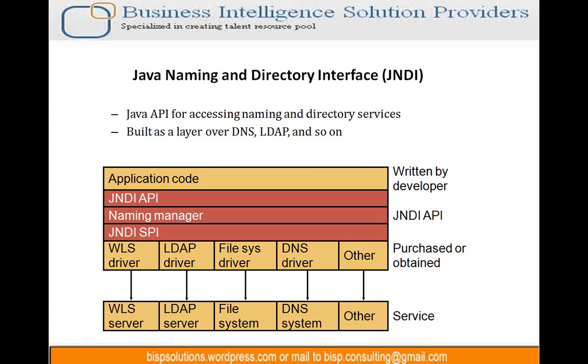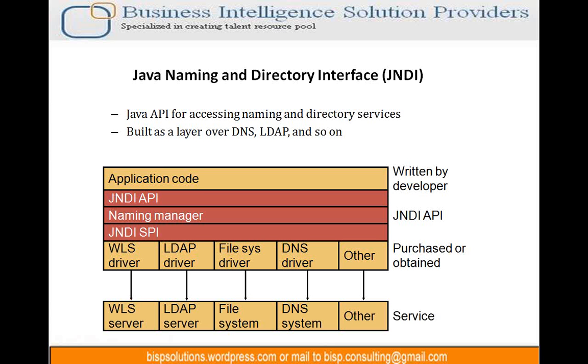That JNDI naming really helps in making API calls to different layers. When you have a JNDI name defined for every service, for example for JDBC, the JNDI name is the main part that helps the Java applications interact with the respective resources.